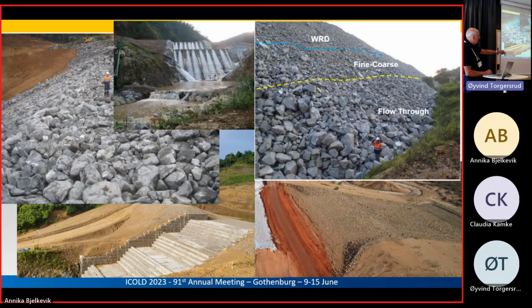On the right is a spillway on an upstream raised dam where the spillway section is designed as a downstream construction, so it can have a spillway put on there that will last for several years of lifts. And the top right is flow through. We had several projects where you're able to dump coarse rock in a way that it segregates and creates drainage at the base of the dump, which could be a dam.